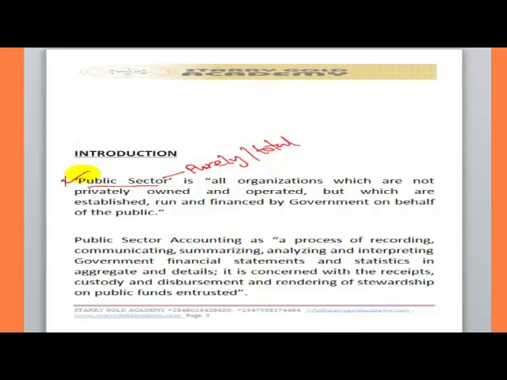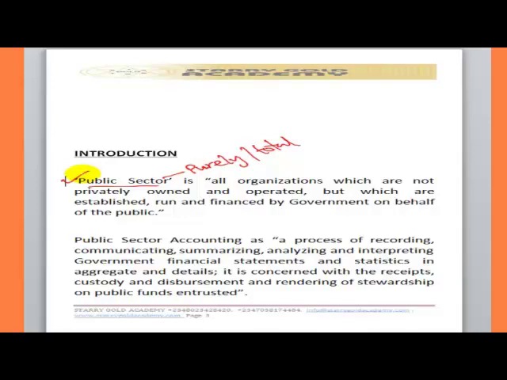Now let us look at what is public sector accounting. Different authors have actually come up with different definitions.